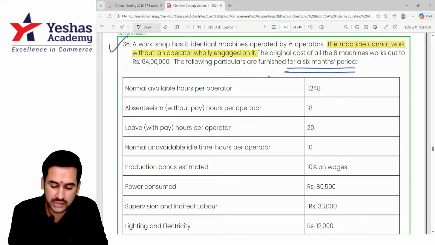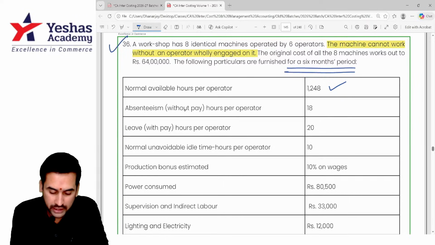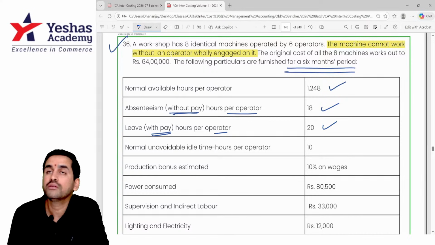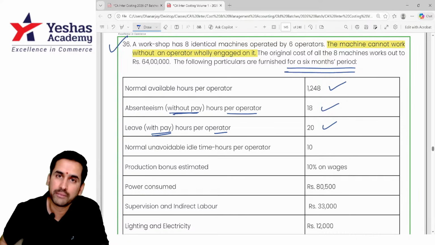Normal available hours per operator 1248. Absenteeism without pay per operator. Leave with pay per operator. Sir, are we calculating machine time or labor time? Looking at the first para, only when labor is there, the machine will be working.